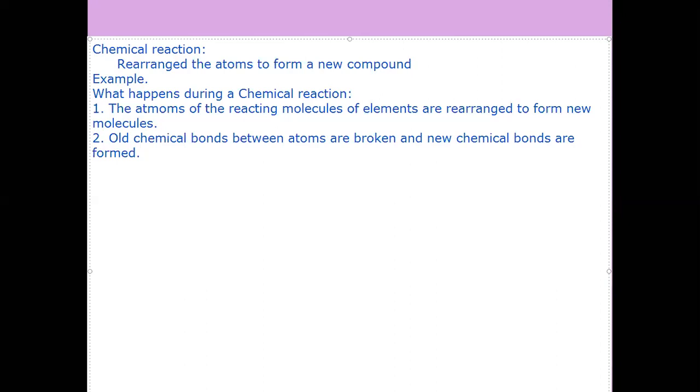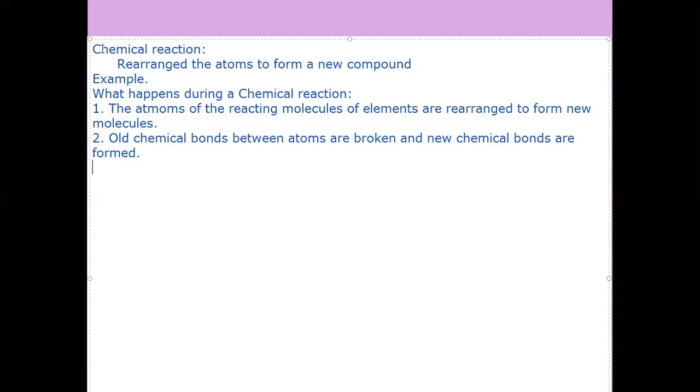Methane plus oxygen has the old chemical bonds, and carbon dioxide plus water has the new chemical bonds. This happens during chemical reactions.